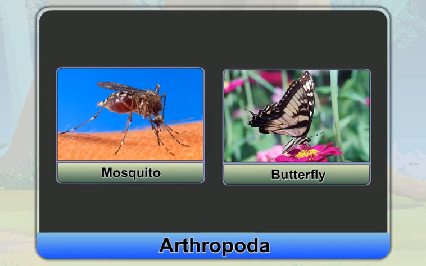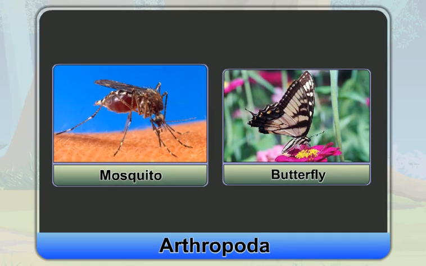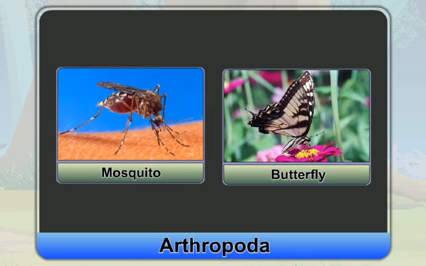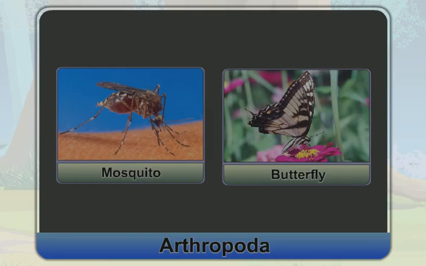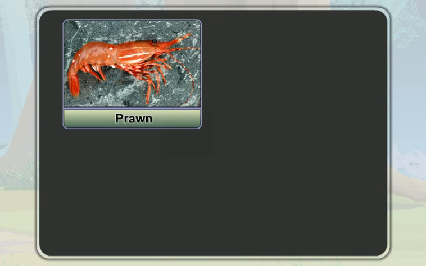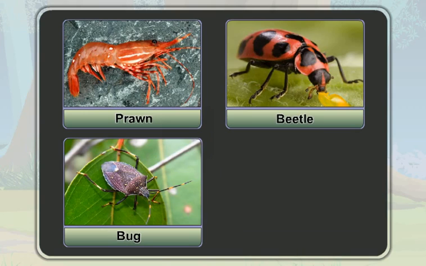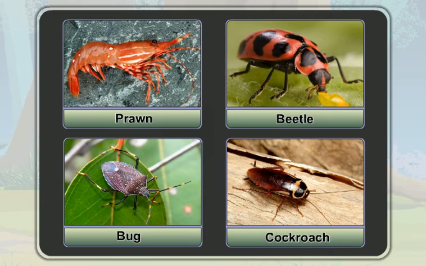Phylum Arthropoda. Yes, a mosquito and a butterfly belong to the phylum Arthropoda. Invertebrates like a prawn, a beetle, a bug, and a cockroach also belong to the phylum Arthropoda.